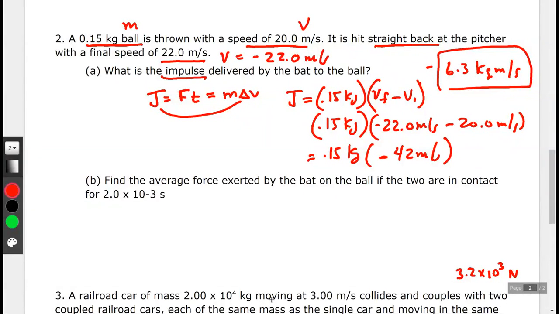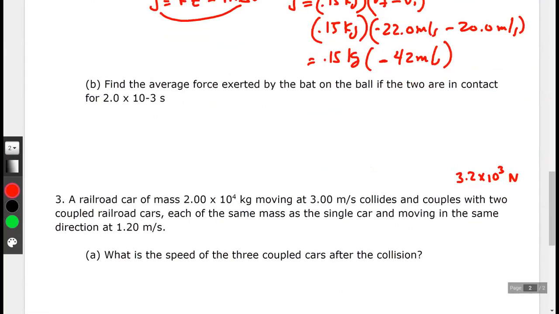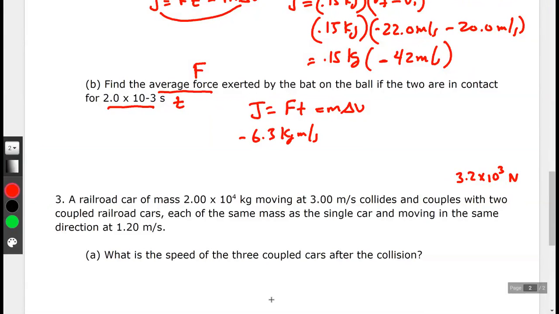Okay, find the force. If you've got an impulse and a contact time T, J equals Ft equals m delta V. We have the impulse from before, negative 6.3 kilogram meters per second.